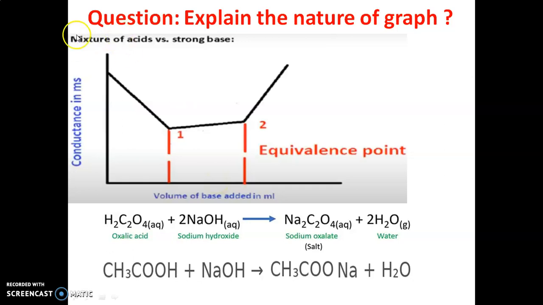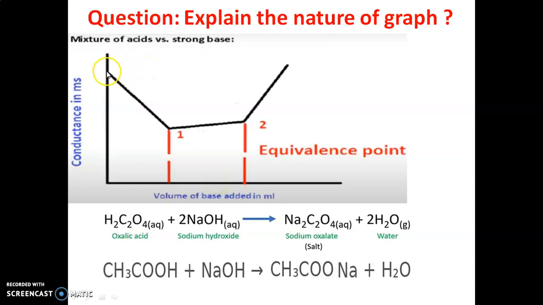Initially the conductance is very high without addition of NaOH because the solution contains fast moving H plus ions.